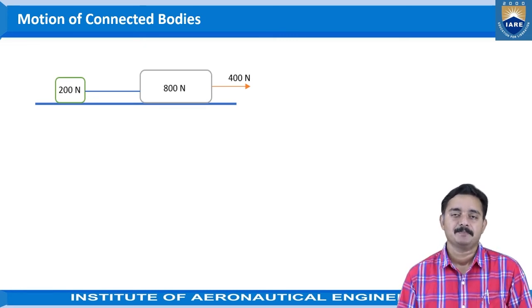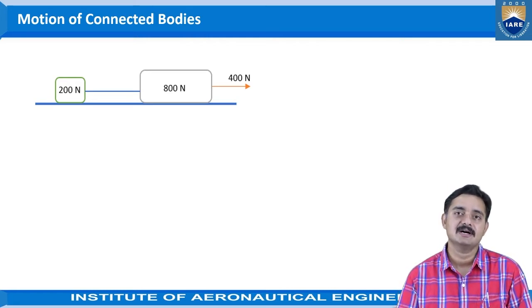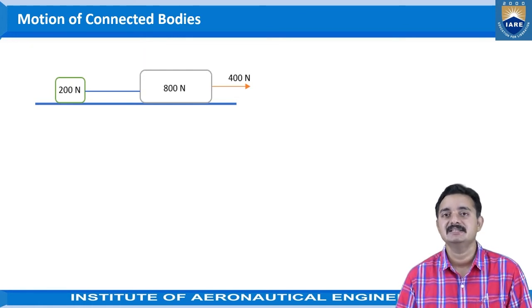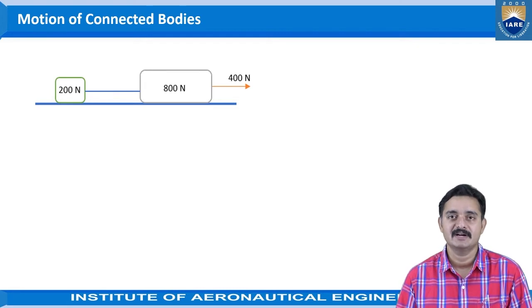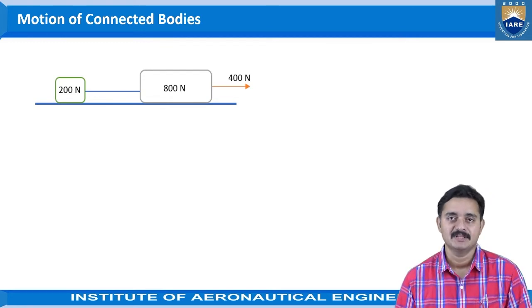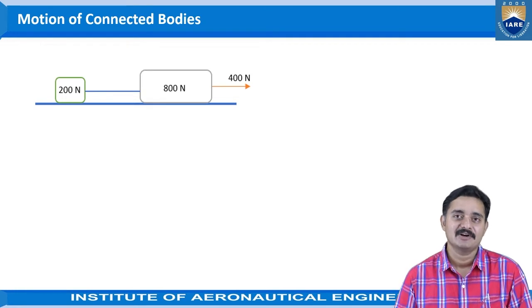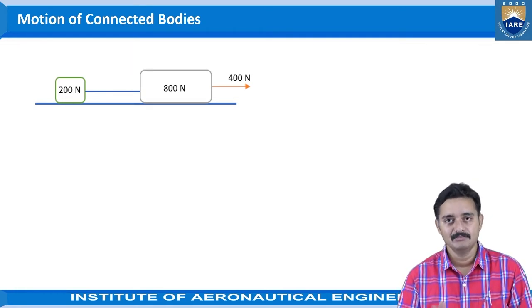Anyway, the source of connection may be anything, but if two or more bodies are connected to one another, then this type of system is called a connected body system. The bodies may also be directly connected to one another, that means two or more bodies in direct contact.